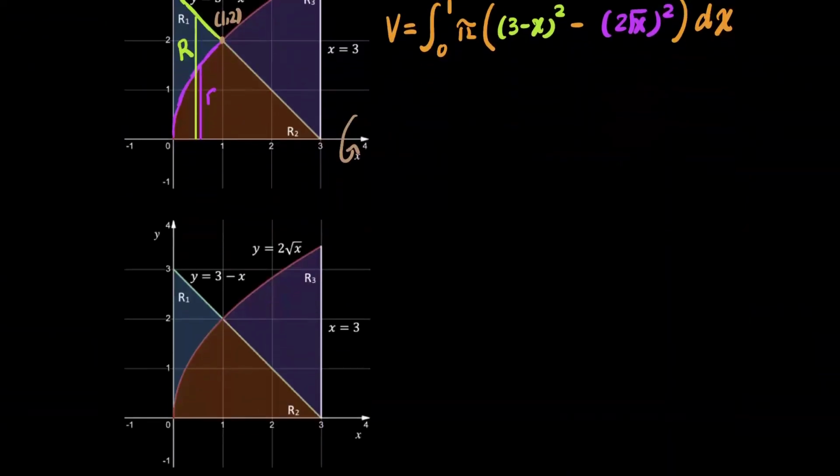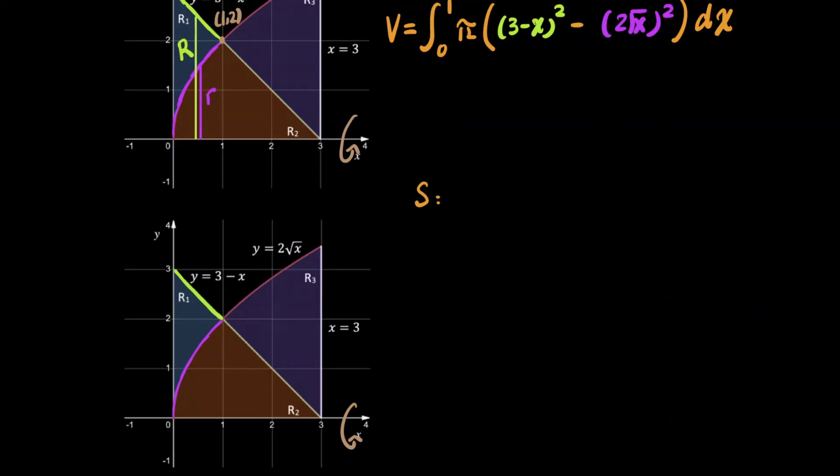We're gonna rotate region number 1 around the x-axis, and this time we do shell method. For shell method, that's the opposite, right? We're rotating around the x-axis, we're actually doing it in terms of y.